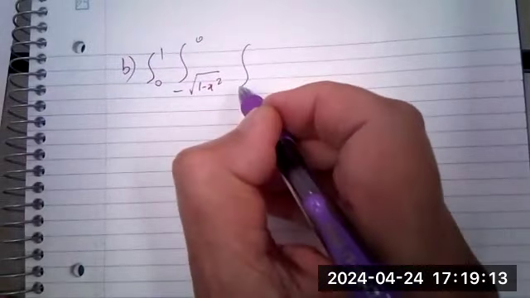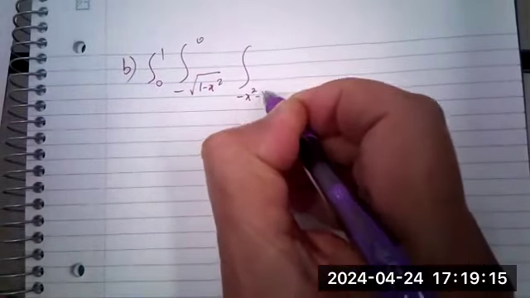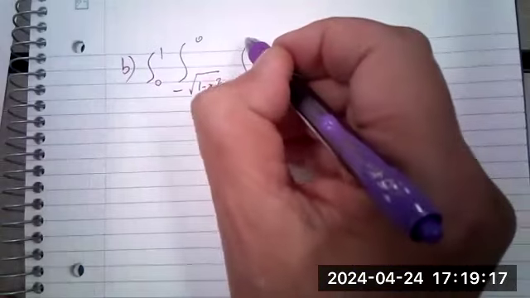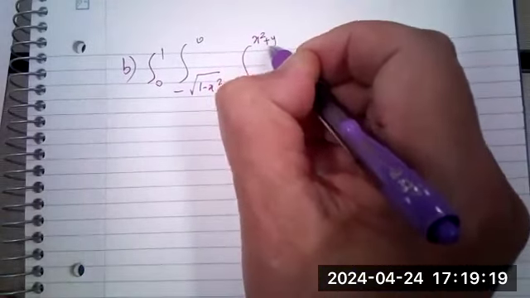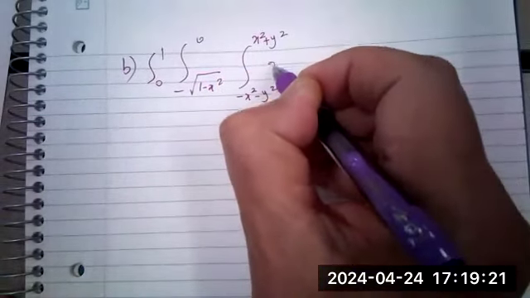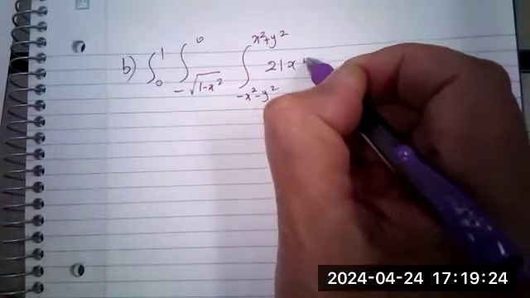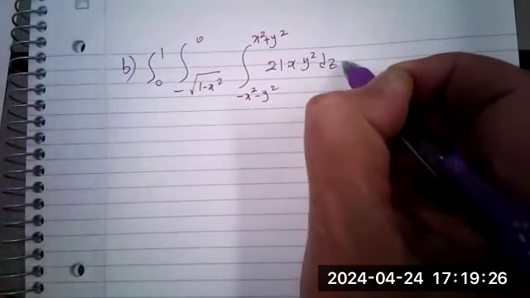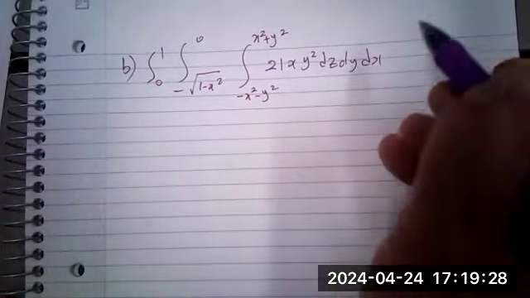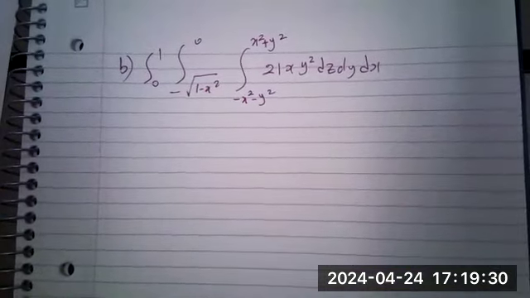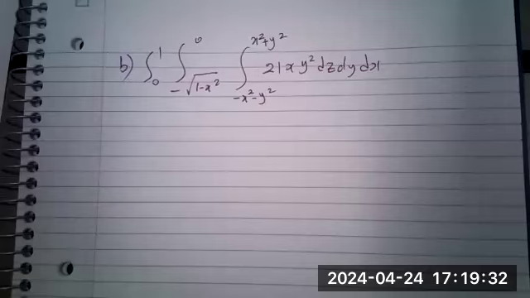This is one of the problems in your book. This is going to be x squared plus y squared, and you have 21xy squared dz dy dx. When we get to the integration part, it's a little bit messy. Just wanted to show you that you have to be patient, you'll be able to do it.